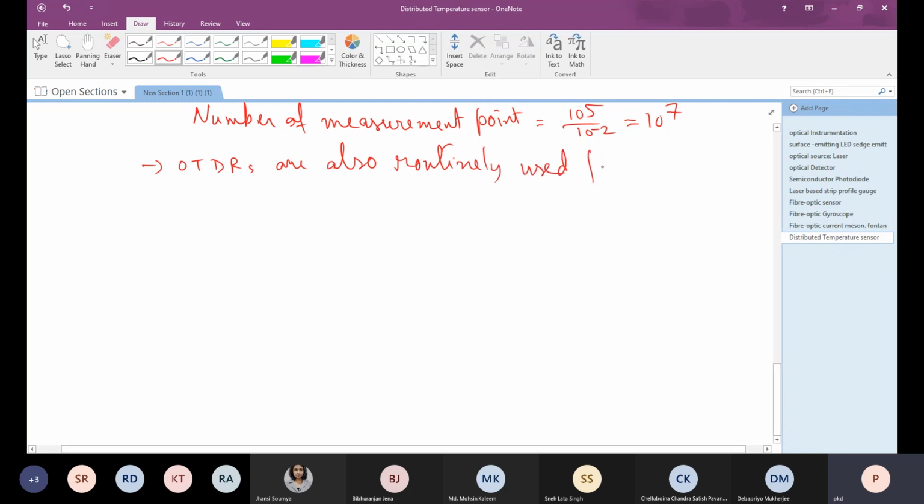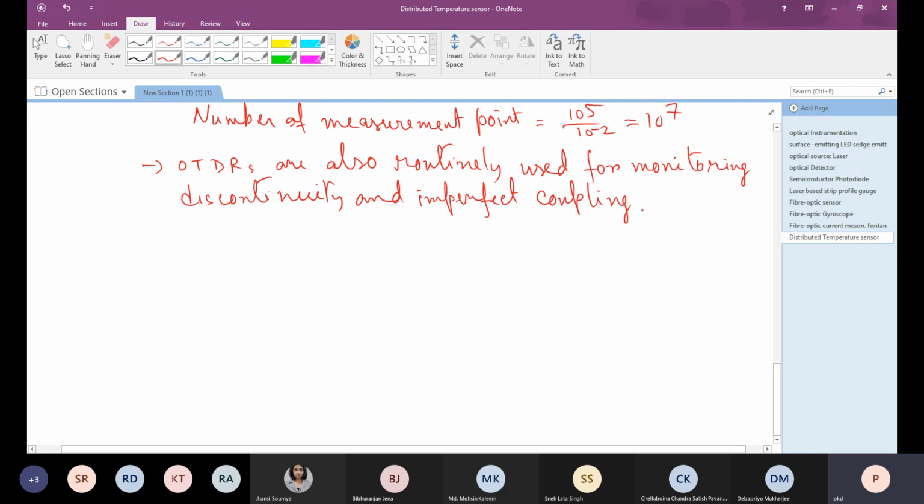They are routinely used for monitoring discontinuity and imperfect coupling of two optical fibers.